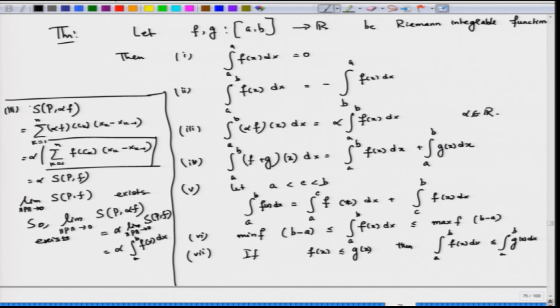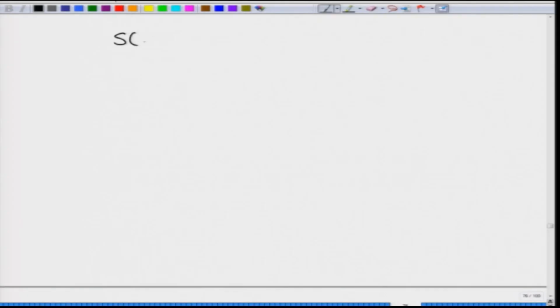So, similarly, for f plus g, you consider a partition and S P of f plus g.